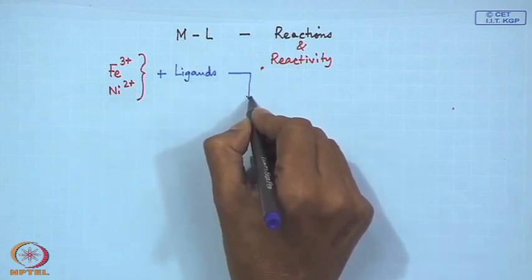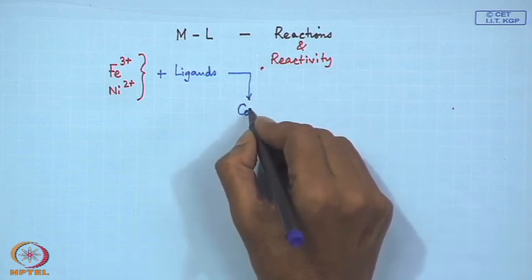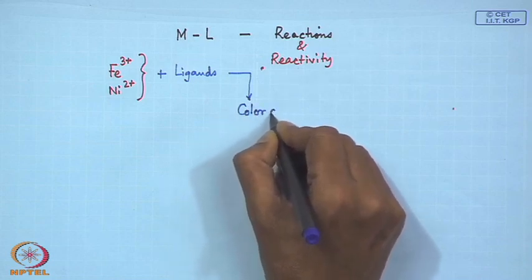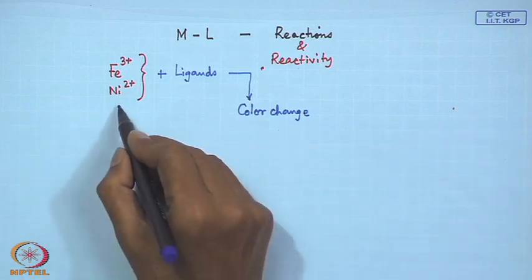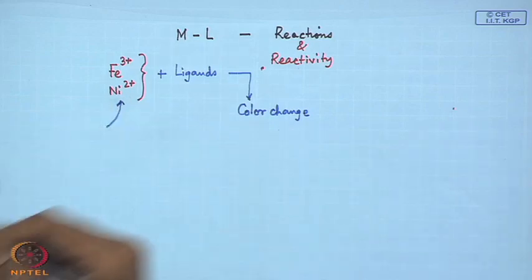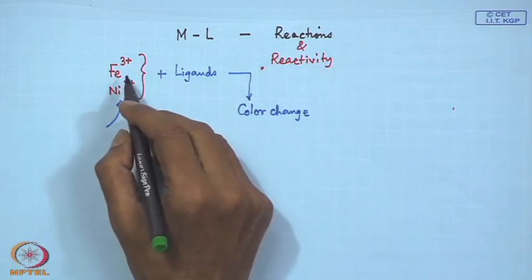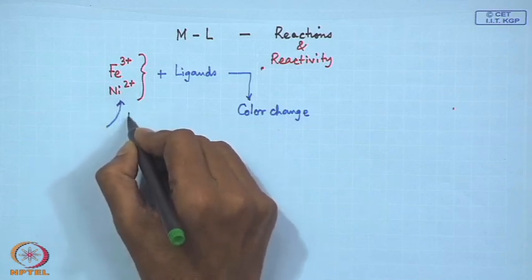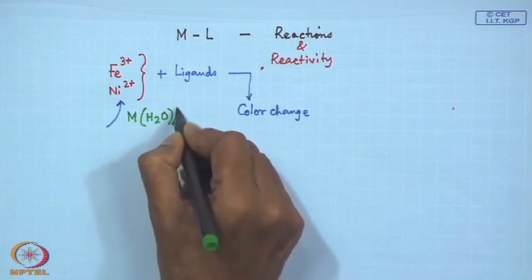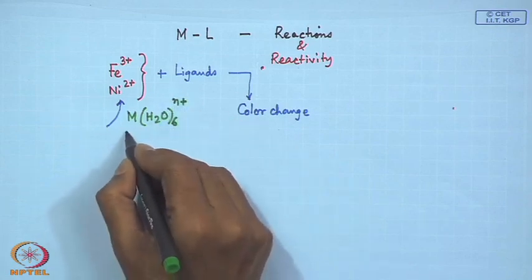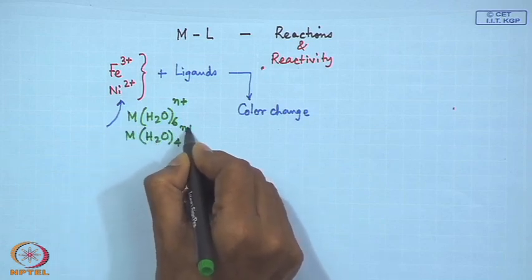And when it forms, basically we see initially if they are distinguishable from a color change. So, there will be a color change for this particular reaction, and in all these cases we can see that the corresponding metal ions which are present in aqueous solution are mostly the corresponding hexa-aquo compounds or the corresponding tetra-aquo compounds in solution.